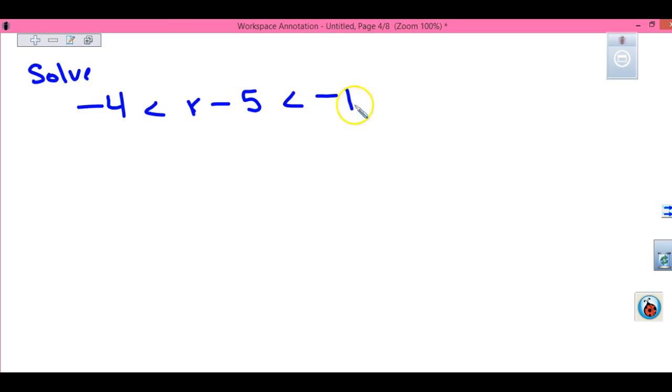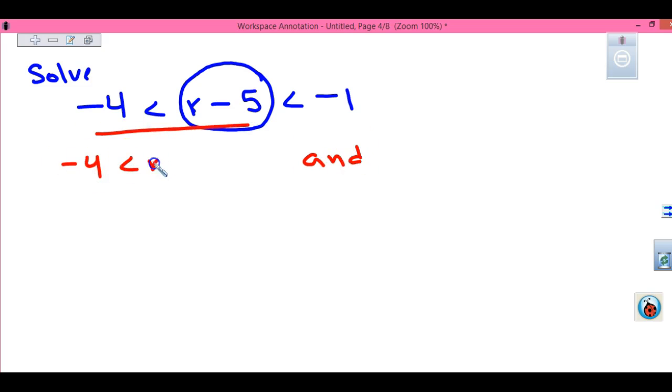We have to solve this compound inequality. Do you see how this is what they share? Right? Okay. So what we have to do is we're going to write the compound inequality as two inequalities joined by the word and. So in other words, -4 is less than r minus 5 and r minus 5 is less than -1. With this word and, do you already have a mental picture of your graph? Yes. So what we have to do now is we need to solve both of these. Then we have to add 5.